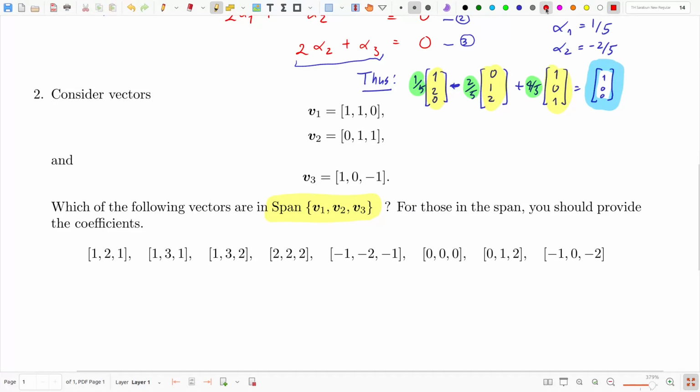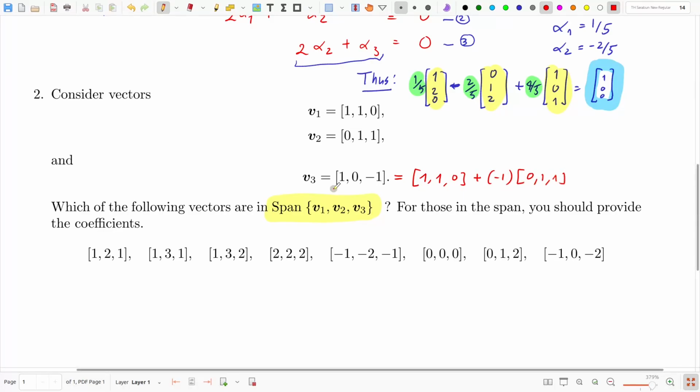Because v3 equals basically 1, 1, 0 plus minus, right? So 1, 1, because if you subtract this from that, you get 0 and minus 1. So the span of v1, v2, v3 is going to be equal to the span of v1 and v2, because adding v3 doesn't really help you in any way.